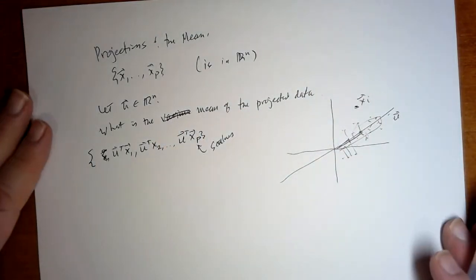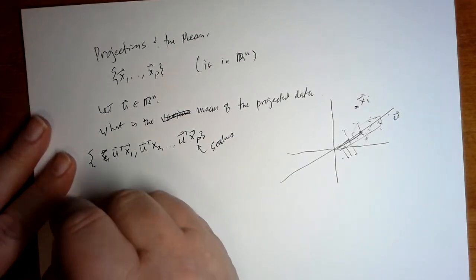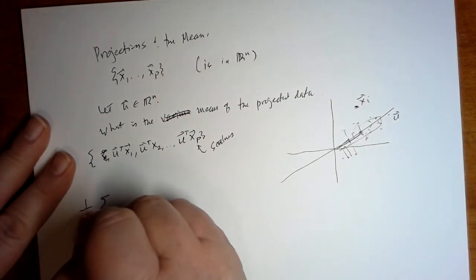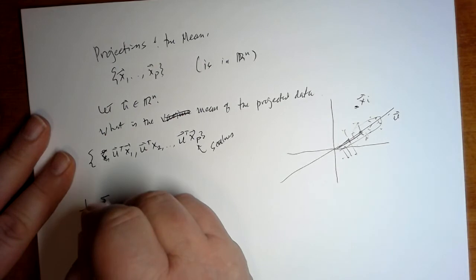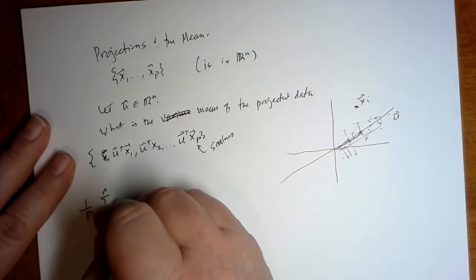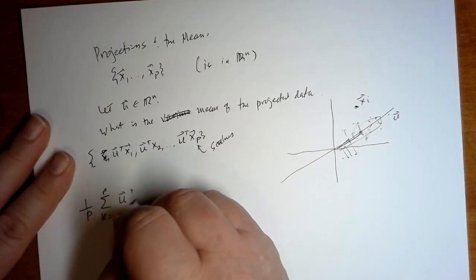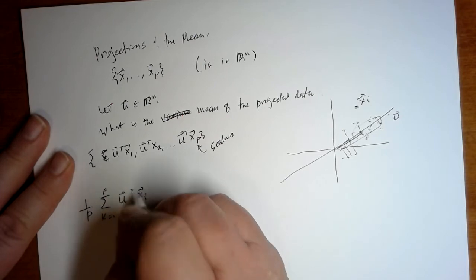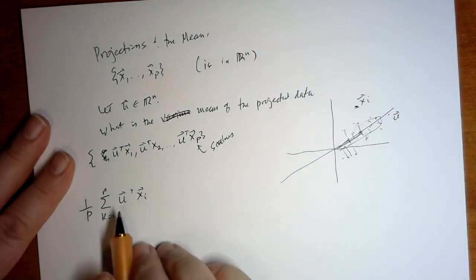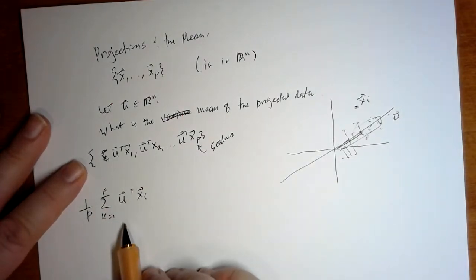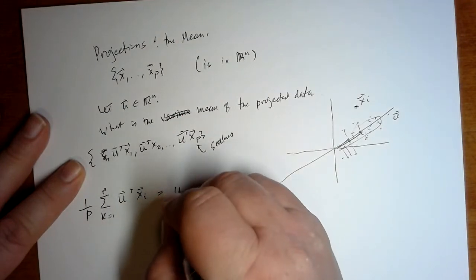Good. So what happens when I take the mean of that data? One over p, the sum from k equals 1 to p of u transpose xi. Well, the u transpose can be factored out of the expression.